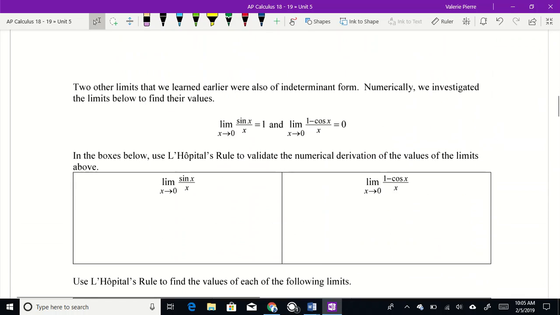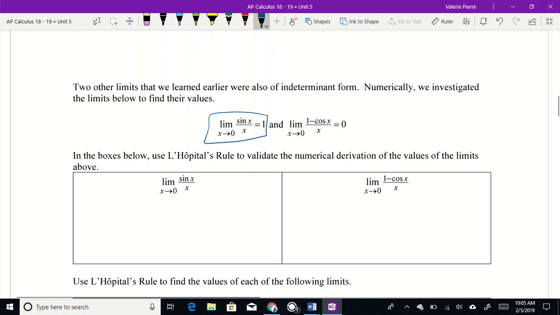Two other limits that we learned earlier this year were also in indeterminate form. Numerically, we investigated the limits below to find their values, our two trig limits. In the boxes below, we're going to use L'Hopital's rule to validate the numerical derivation of the values of these limits. Earlier in the year, we found that the limit as x approaches 0 of sine x over x is equal to 1.